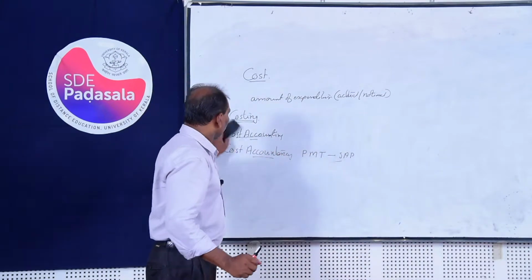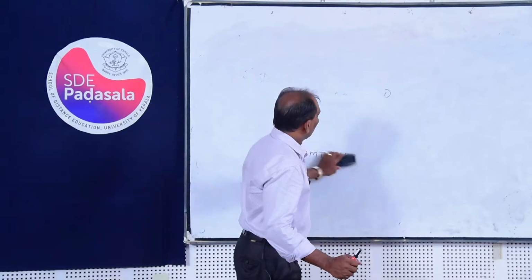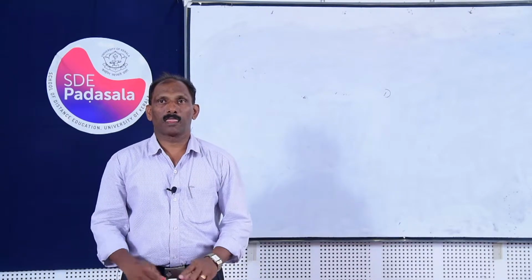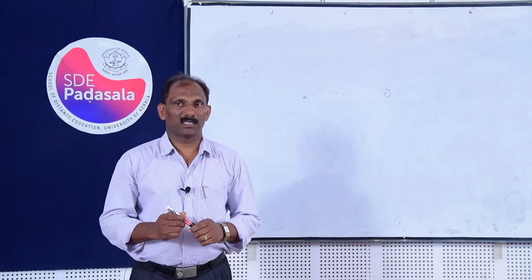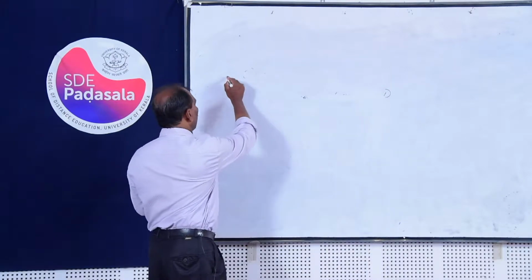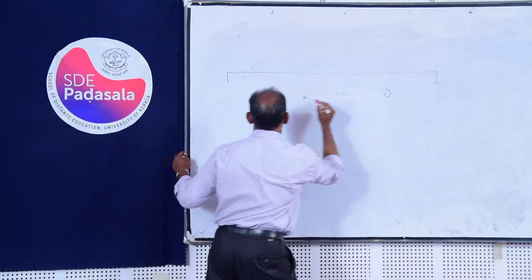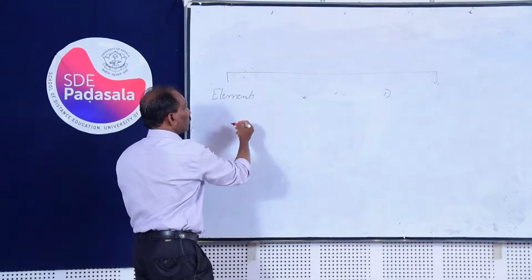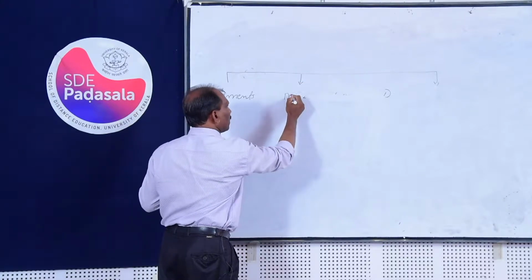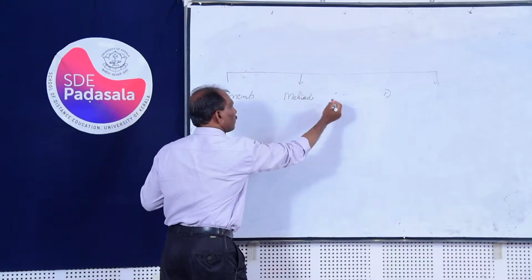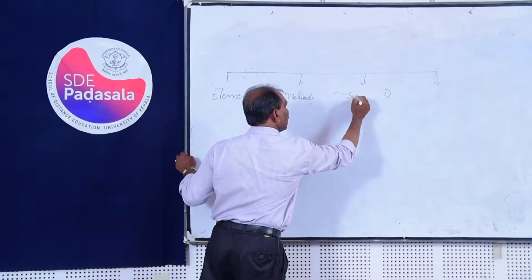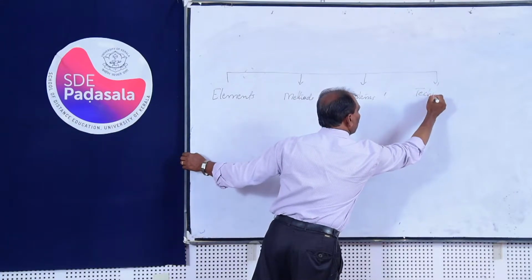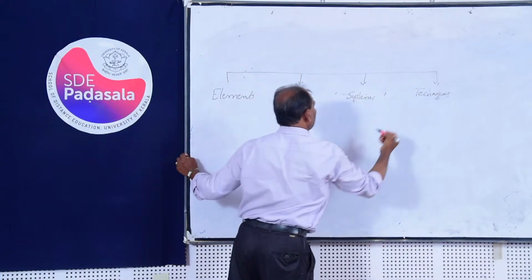Generally, the entire portion included in cost accounting may be grouped into four categories. One is elements of costs, second methods of costs, third systems of costs, and four techniques of costs.